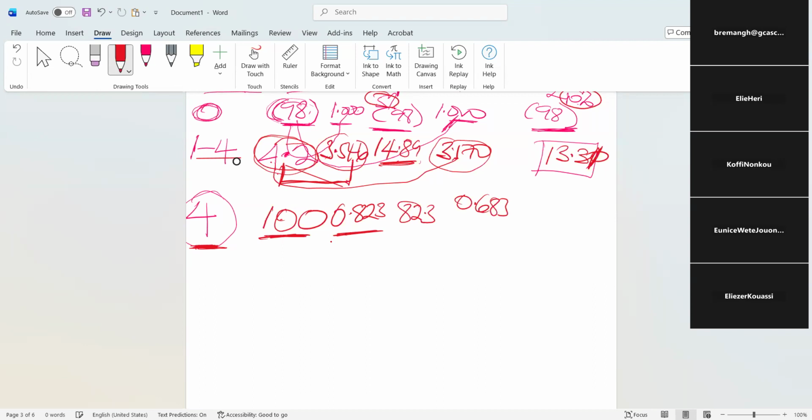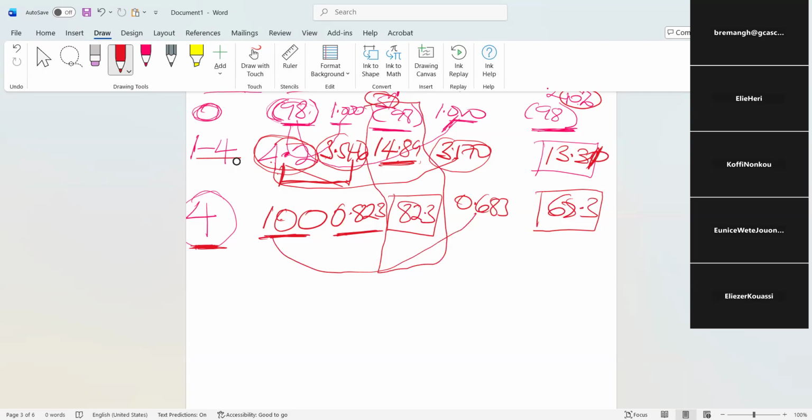Then here is 100, you multiply by 0.683, and you will get 68.3. So at the end of the day, you sum up all the cash flows that are here, and put your answer.